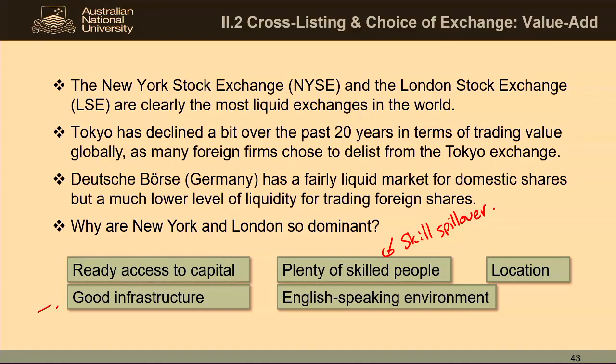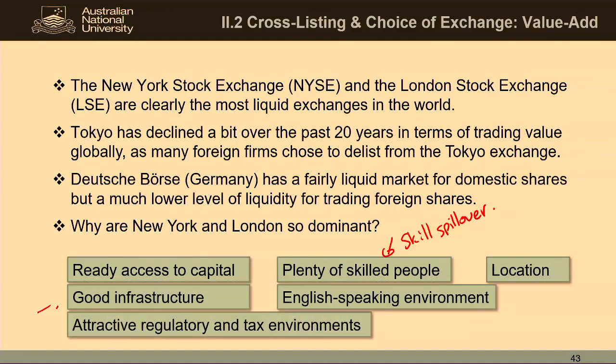So the London market and the New York markets are really popular. And we have the actively regulatory and tax environments for certification effects and branding. And anyways, low levels of corruption.